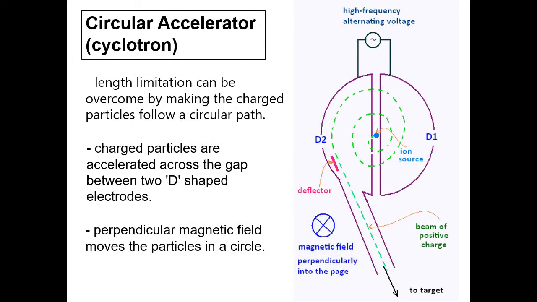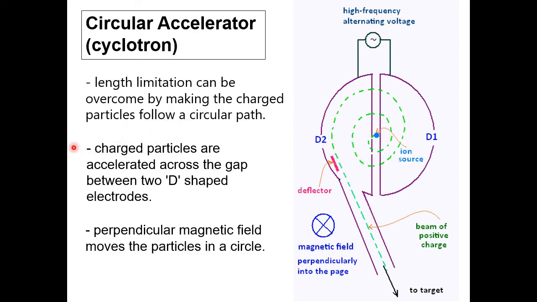Besides the LINAC, we have the circular accelerator, known as the cyclotron. The length limitation can be overcome by making the charged particles follow a circular path.